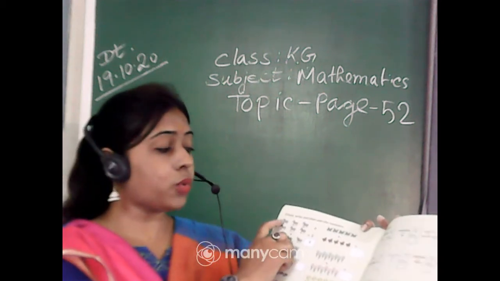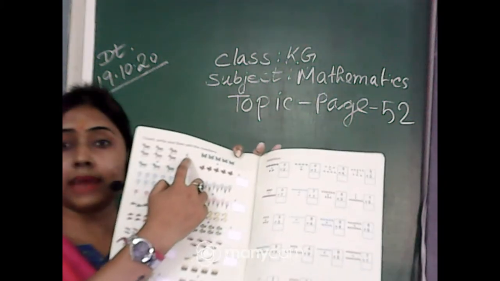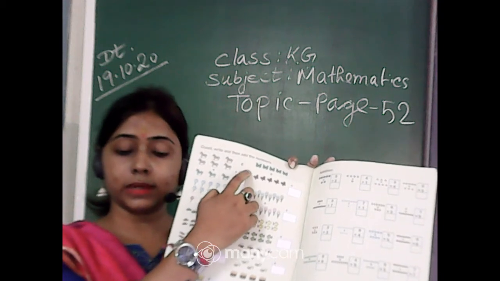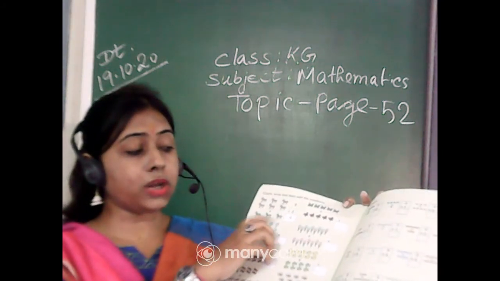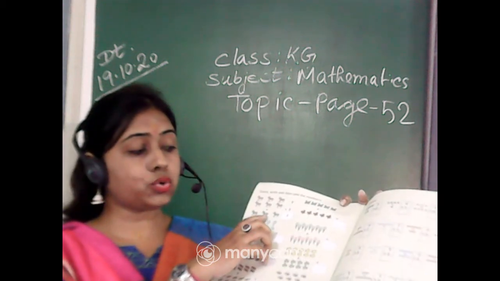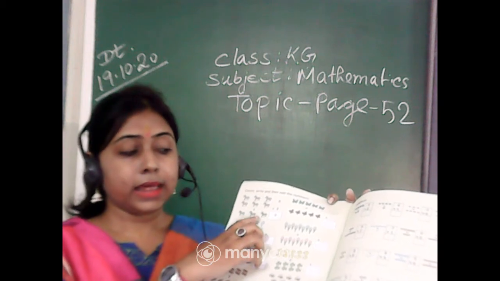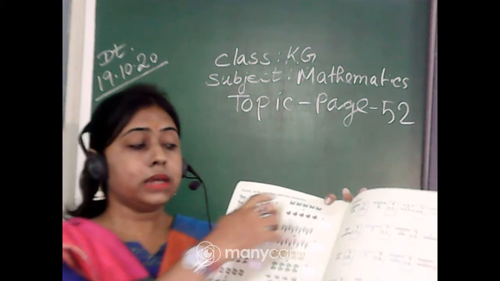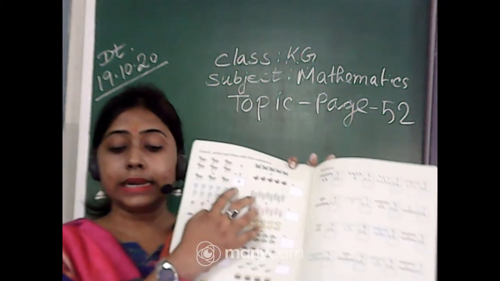Very good: 1, 2, 3, 4, 5, 6. So on the right side 6 is written, that means 6 horses are there. Then below, how many green horses? 1, 2, 3. 3 horses are there. And the total is 6 plus 3, which is 9.